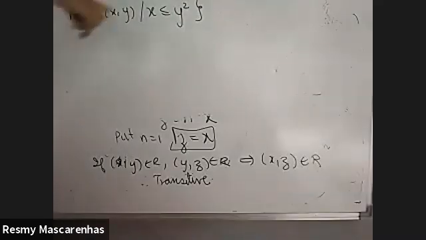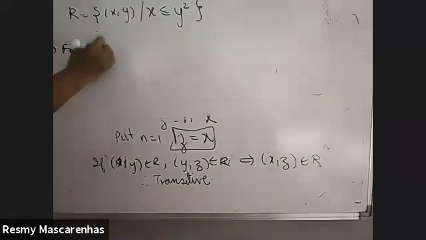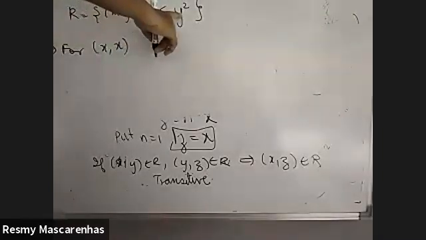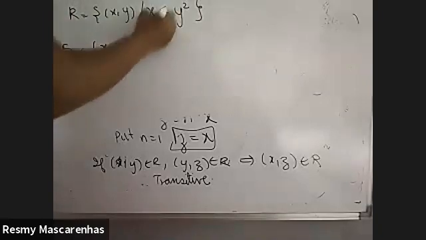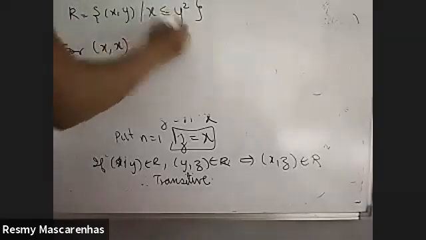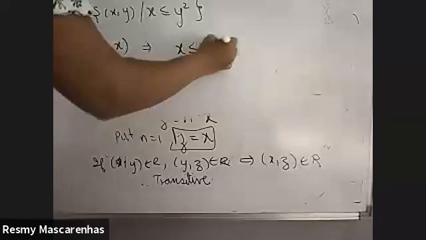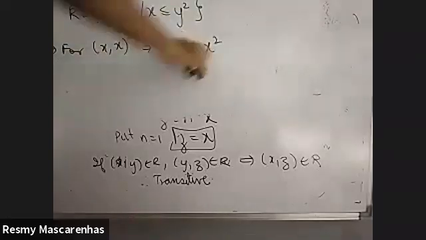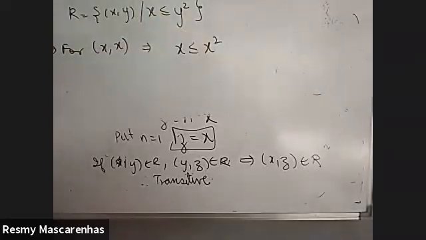So what we have to do is first check for reflexive, the same letter. So first we'll check for (x, x). Instead of y, what will come up? For (x, x), you will get x less than or equal to x square, because for reflexive, wherever there is y, it will be replaced by x.